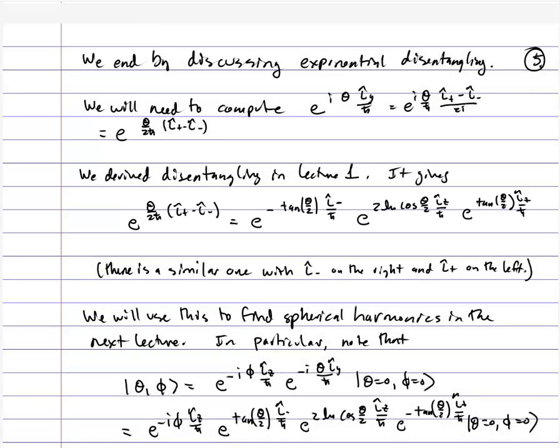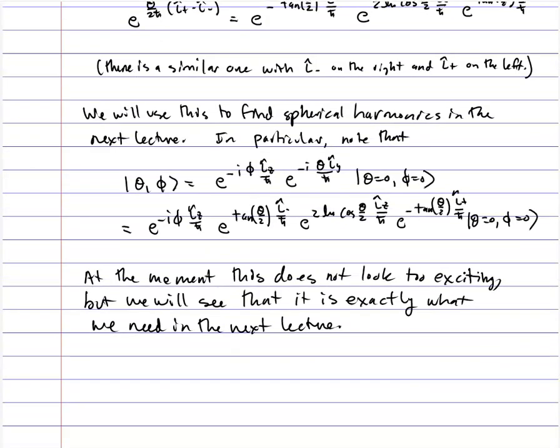There's a similar one with an L minus on the right and an L plus on the left. You can also derive that from the results that we got from the exponential disentangling that we worked out in lecture 1. So we're going to use this to find spherical harmonics in the next lecture.